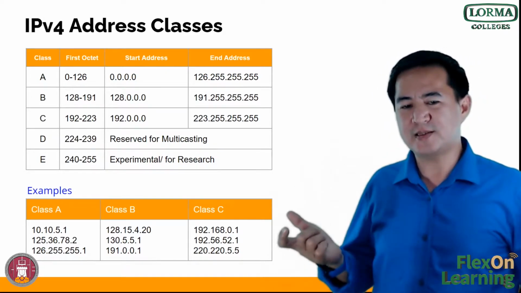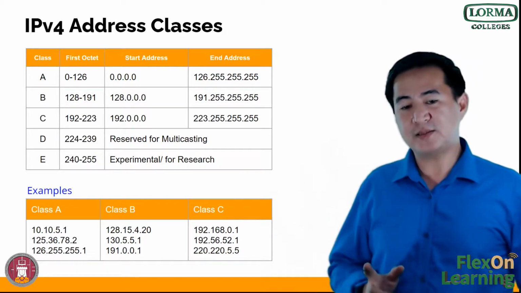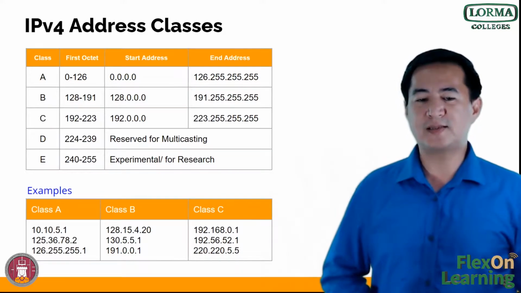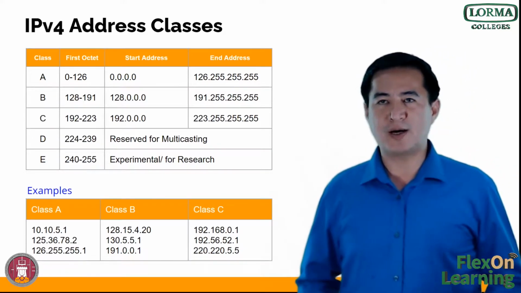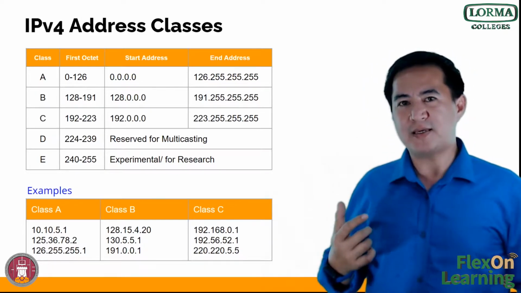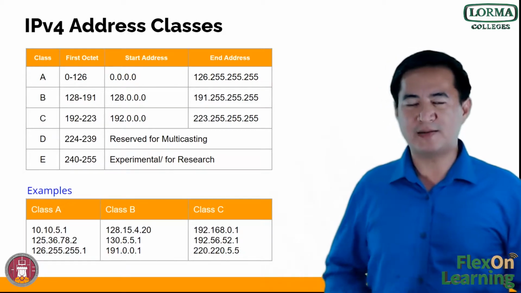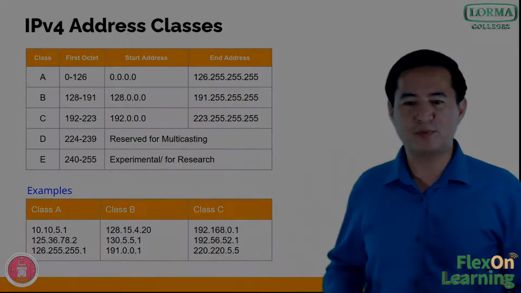Class C is 192 to 223. Class D is 224 to 239. And class E is 240 to 255. But take note that only classes A, B, and C are usable IP addresses, which means those that you could assign to your networks and your computers.